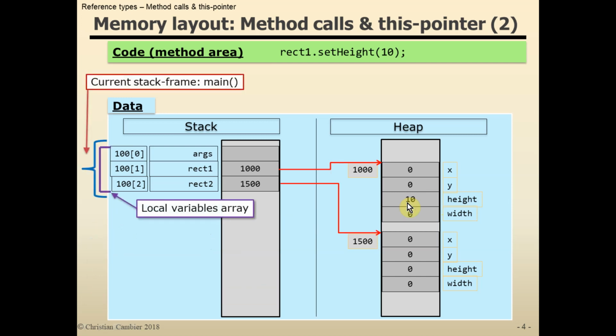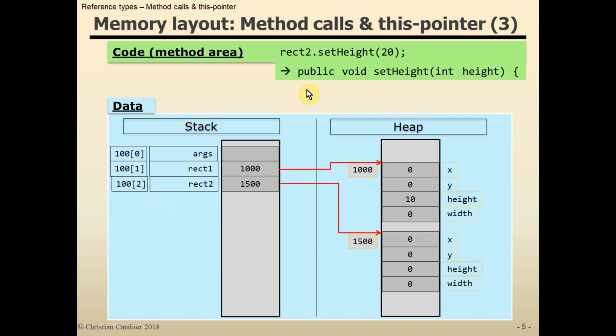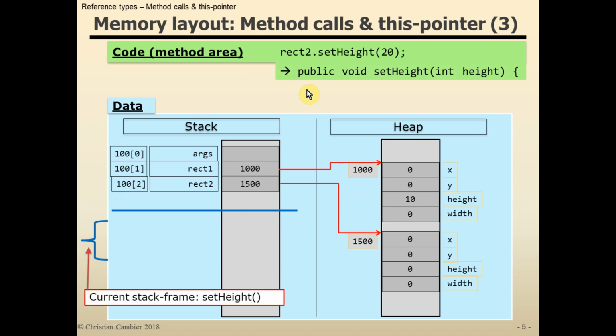Then the similar statement rect2.setHeight with a value of 20. So setHeight is invoked, a new stack frame is created for this method, but it's exactly the same method as before. This stack frame now becomes the current stack frame. In the main method, the setHeight was invoked on the object referred to by rect2.